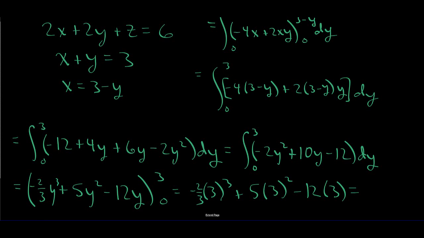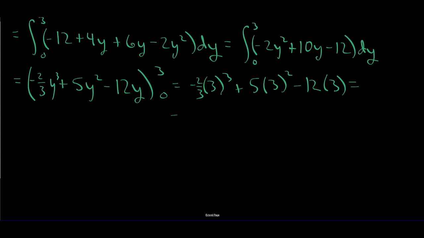Okay, so now let's see what we've got. 27 divided by 3 is 9, so this is negative 18 plus 45 minus 36. So this is going to be negative 18 plus 9 equals negative 9.